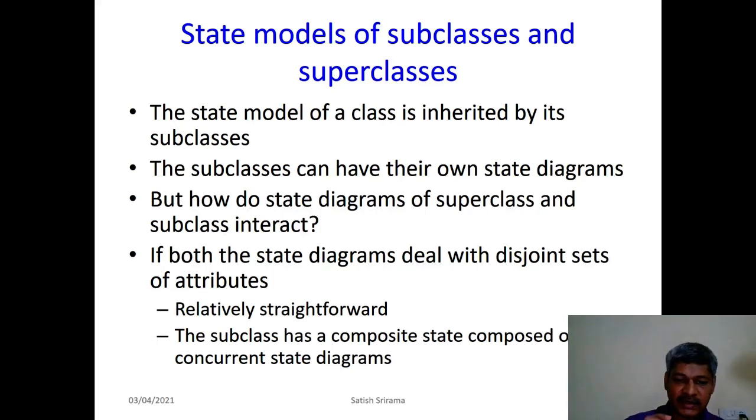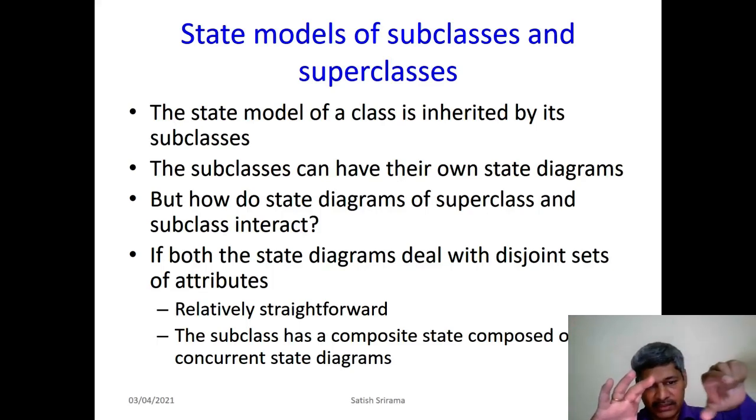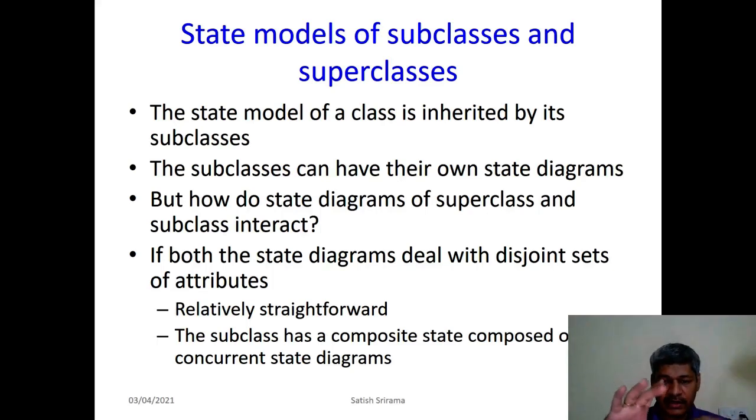The subclass basically has a composite state, composed of the concurrent state diagram for the superclass and its own attributes. We have seen this at the concurrency level. So it is relatively straightforward.